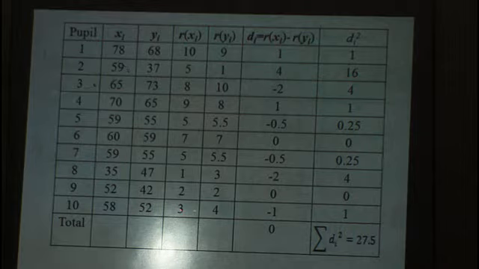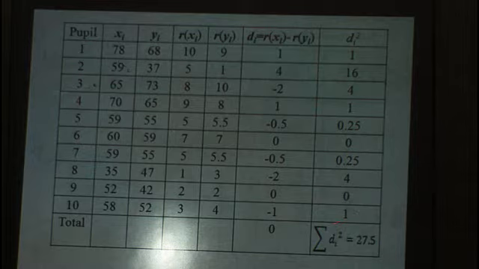And this same 10th student scored 52 in English, and 52 was ranked 4th. So subtracting 4 from 3, you get -1. Then -1 squared, you get 1 here.